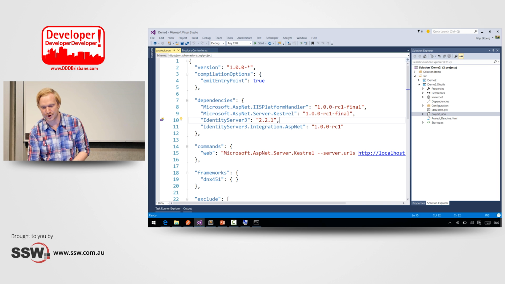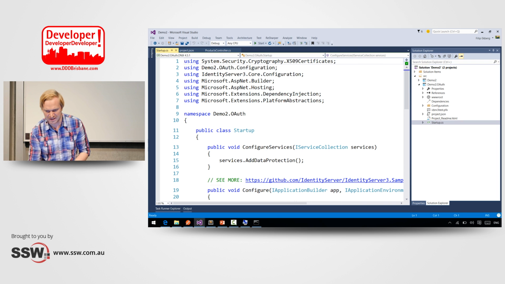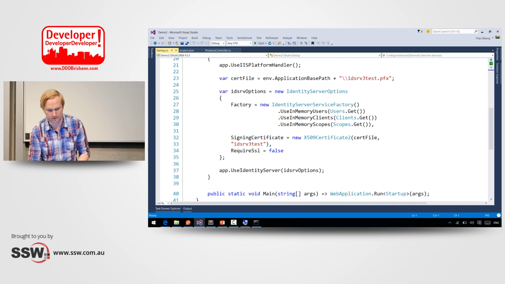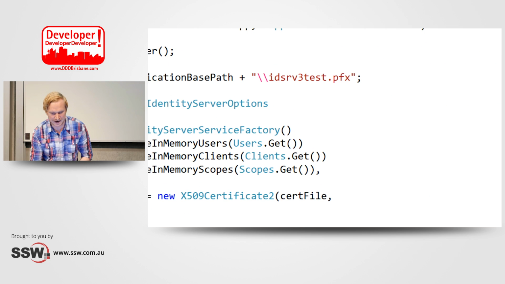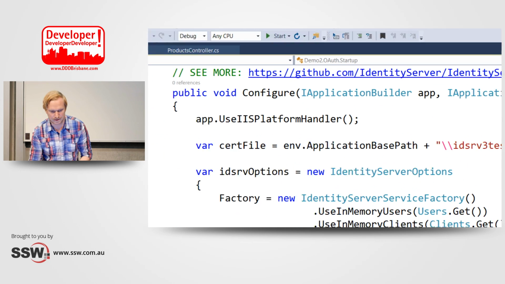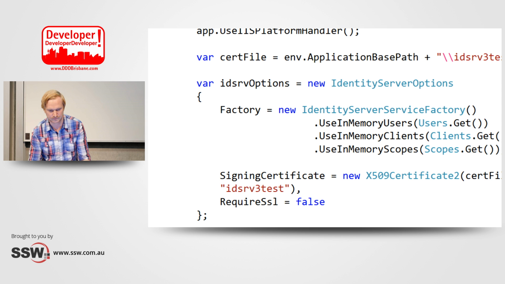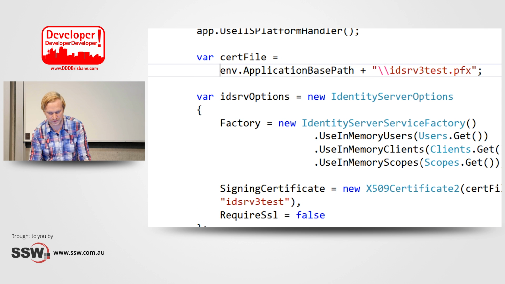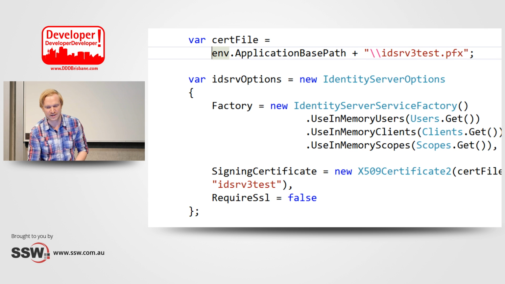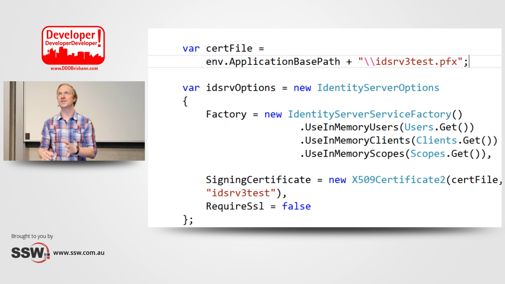So if we go into the startup file now, you'll see that there's a few things that changed in here as well. If we look at the configure method here, we'll see that we have a few things. So first of all, we have a certificate here at the top, which is used to sign our tokens.